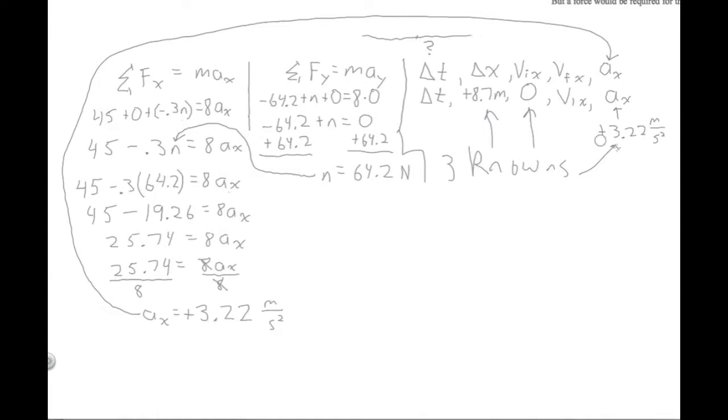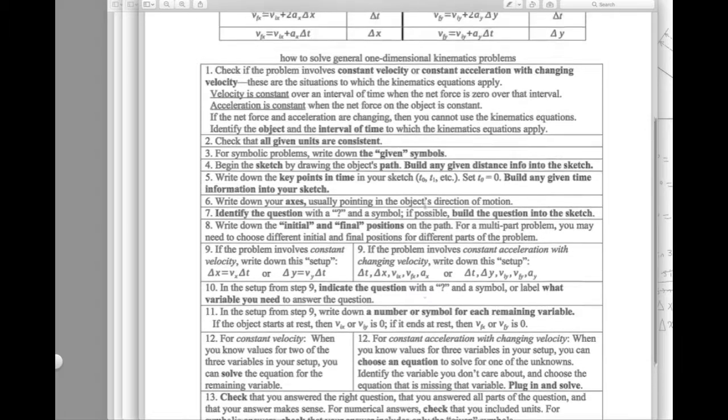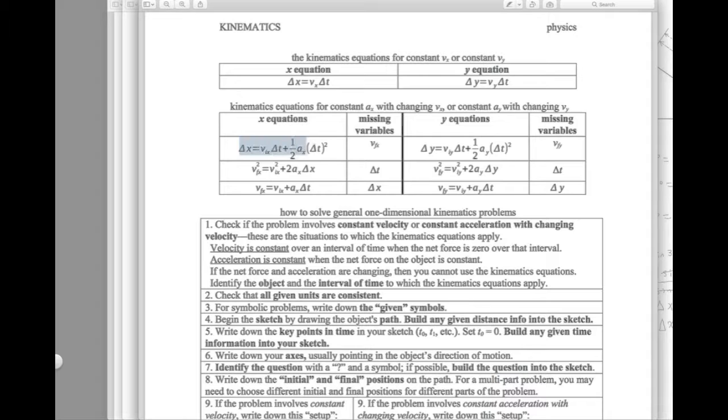Well, clearly we care about the 3 knowns, and we clearly care about delta t because we need to solve for that variable. So the thing that we don't care about is v final x. We don't care about v final x on this problem because we don't know a number for it and we're not being asked about it. So let's pick the kinematics equation that's missing v final x. Here it is.